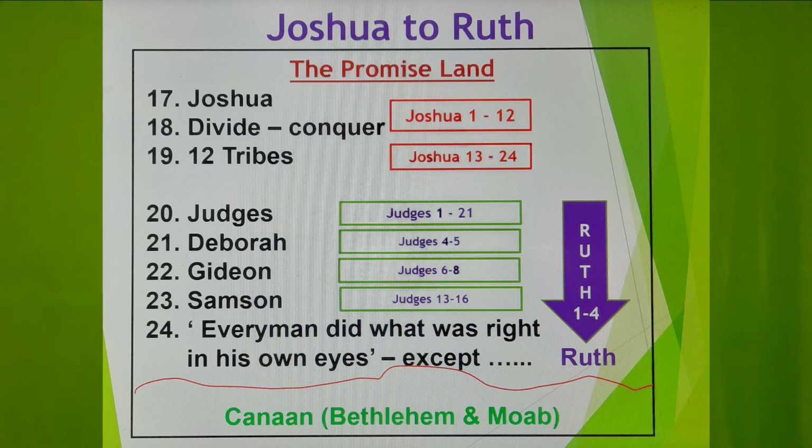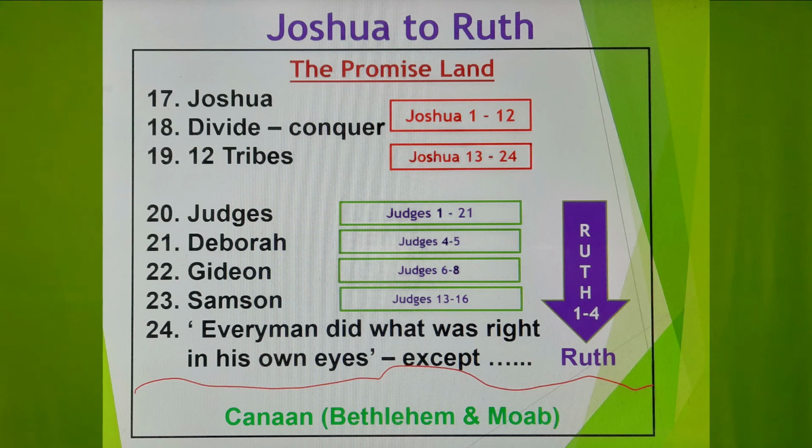They conquered all the small cities and the kings. They divided the land into two pieces, the southern part and the northern part. So in the first 12 chapters, Joshua is conquering the promised land.